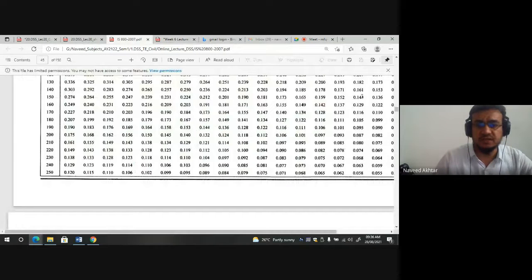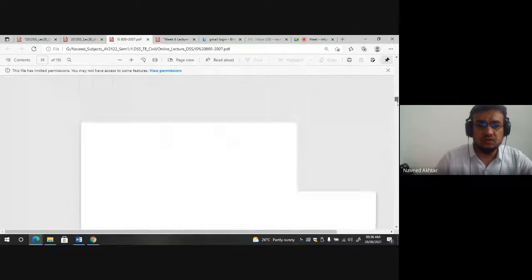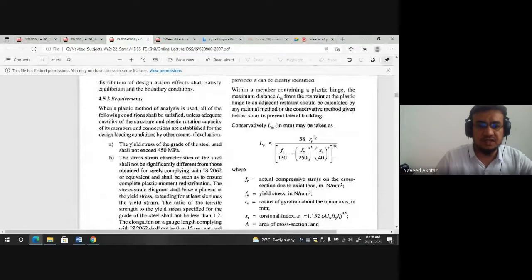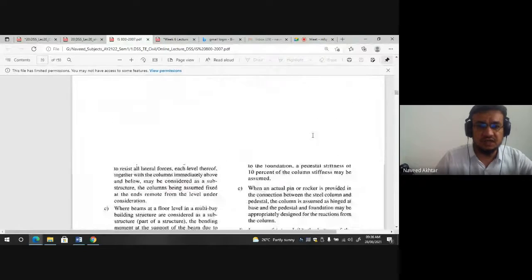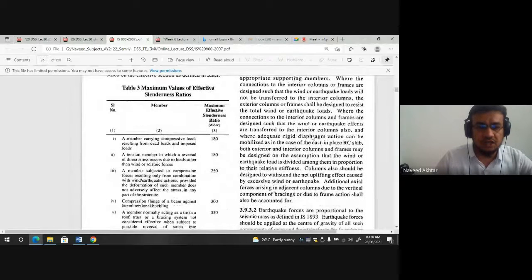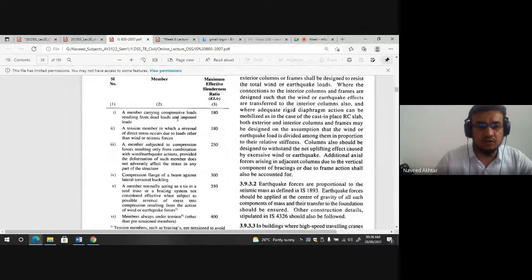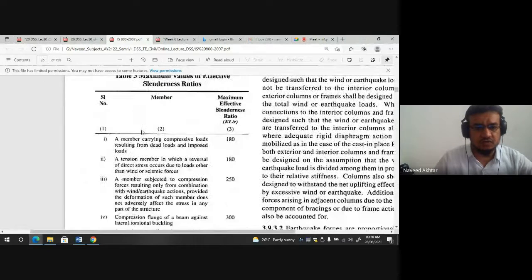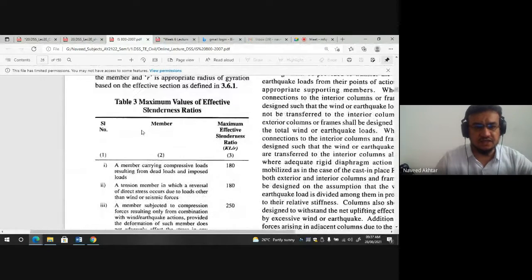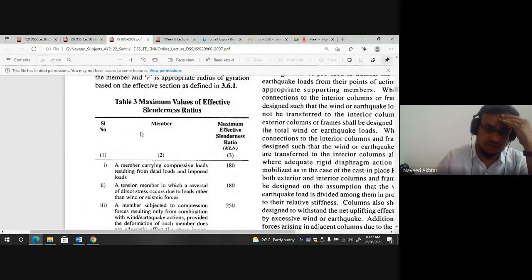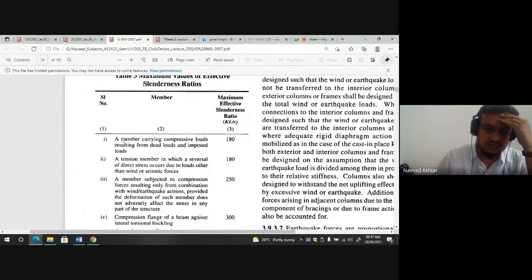If you go to table number 3 of your IS code, table number 2 is for the section classification, and table number 3 is for the different slenderness ratios. So it gives the maximum values of the slenderness ratio. Based on these conditions, the types of member are given.